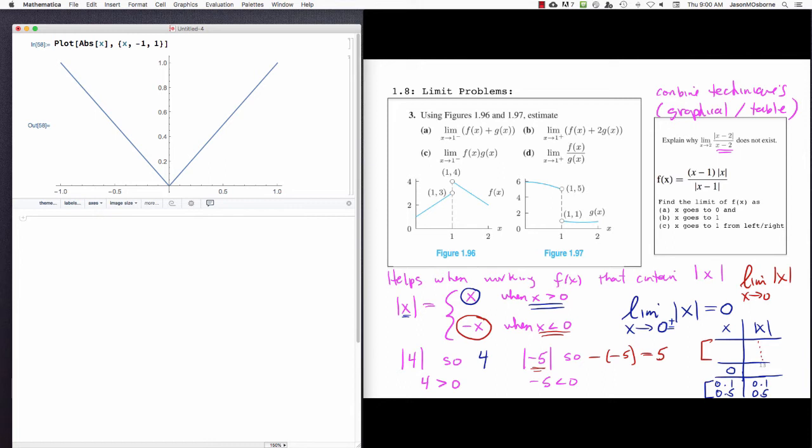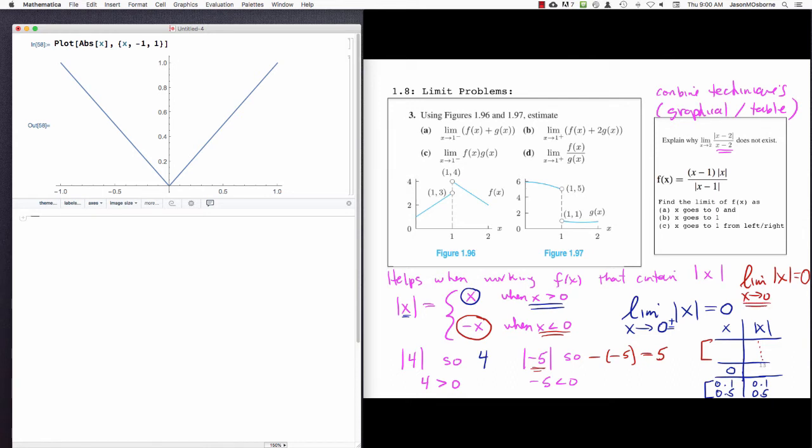As x is getting closer and closer to 0 from the right, you can see our values of y are getting closer and closer to 0. As the values of x get closer and closer to 0 from the left, we can see our y values getting closer and closer to 0 as well. So according to the graph, both the left and right limits are equal to 0, and therefore the limit as x goes to 0 is 0.